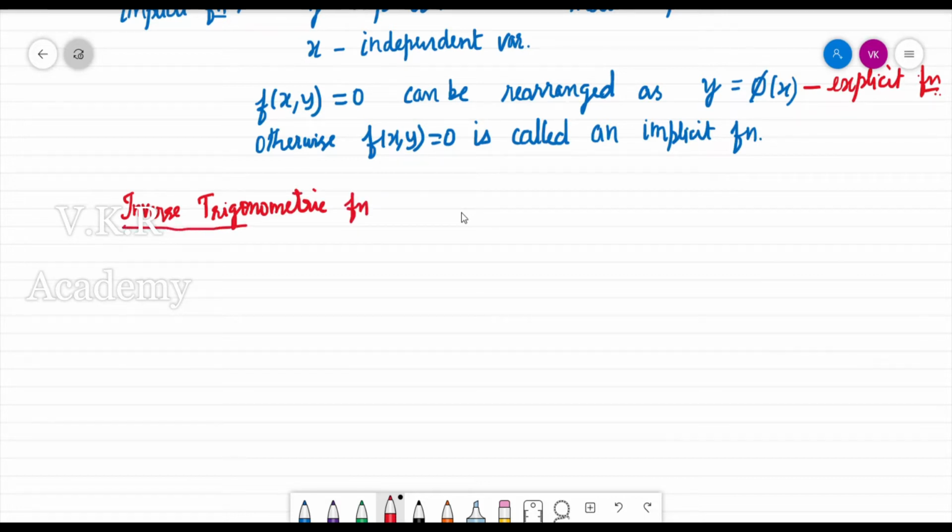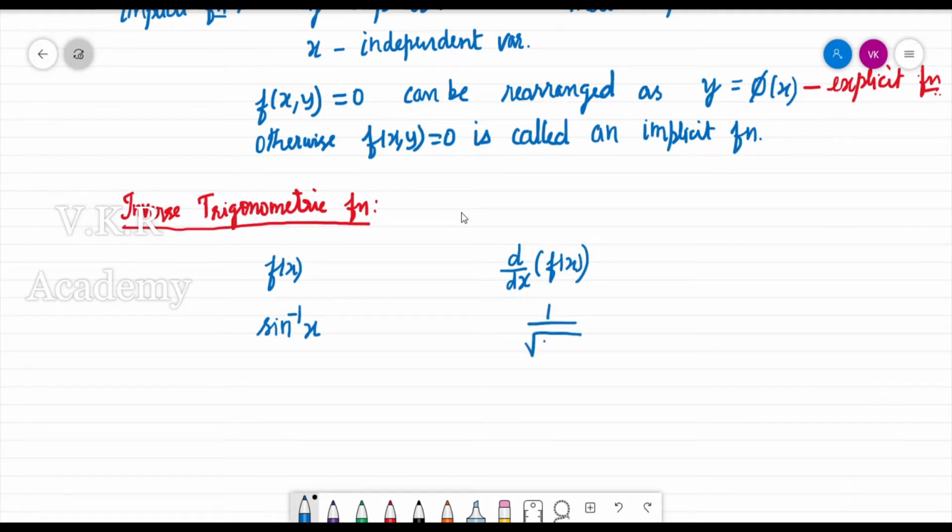Though we have taken down the results earlier, let's have a quick recollection about the results. That is f of x and the derivative of f of x in case of the inverse trigonometric functions. So the derivative of sine inverse x is going to be 1 by root of 1 minus x squared.